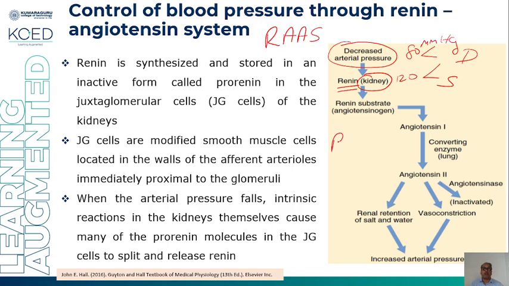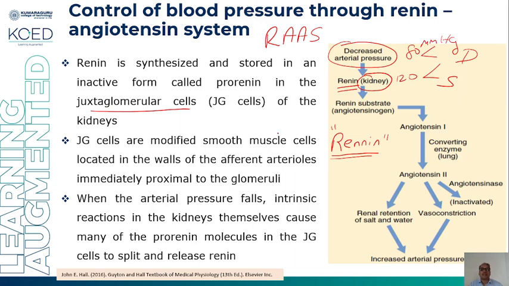Don't confuse it with another molecule, rennin. That is an enzyme secreted in the gastric gland. The stomach secretes it. So rennin is different from renin. This renin is from the kidney. Which part of the kidney?